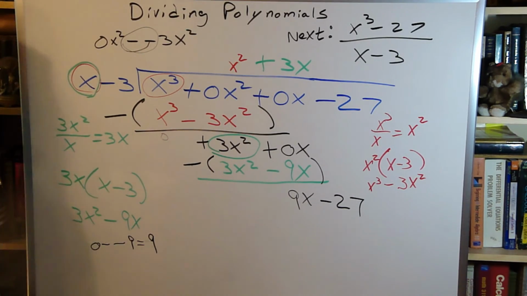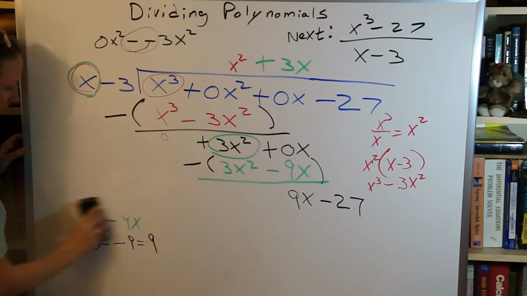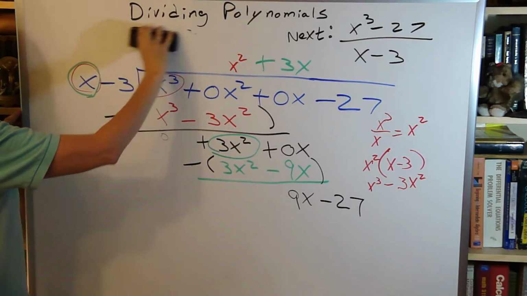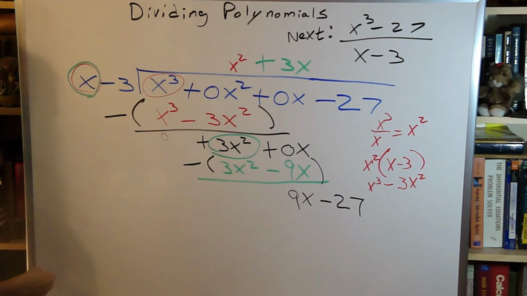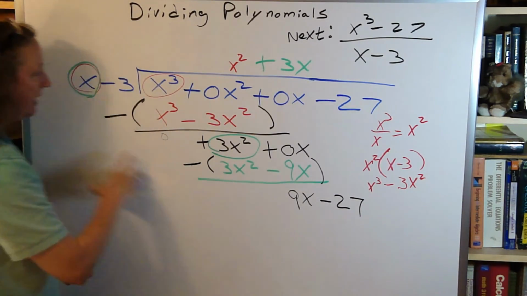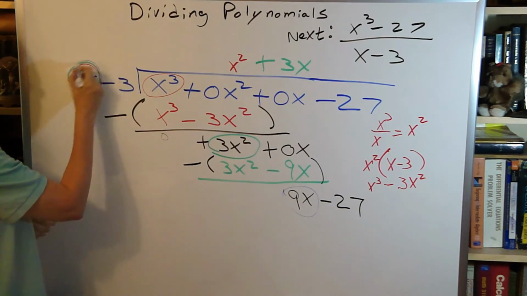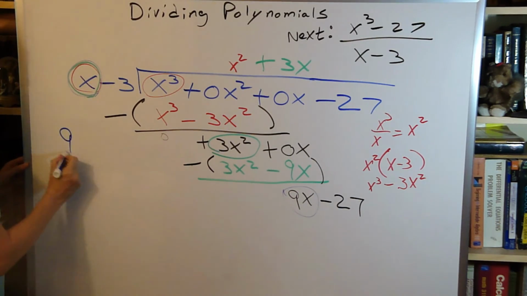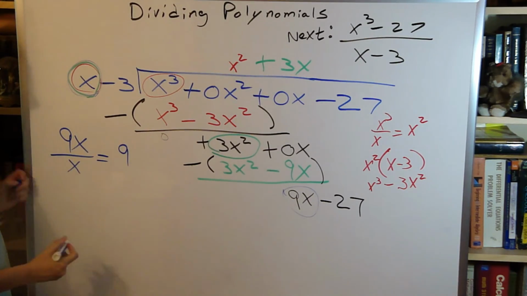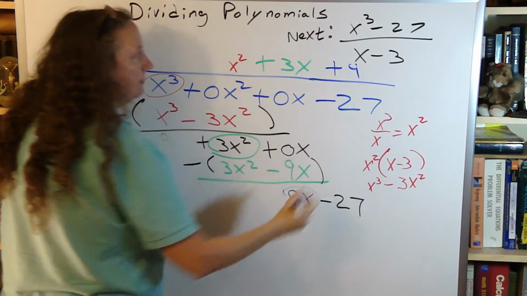I need a little more room to write, so I'm going to erase some of my scratch work. I can erase that too. I want to take the first term divided by first term. So I have 9x divided by x. I get 9. It's a positive 9, so I put plus 9 up there.